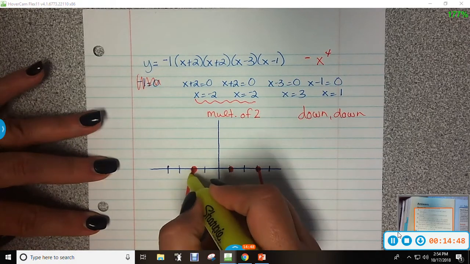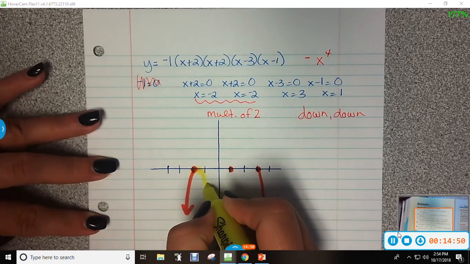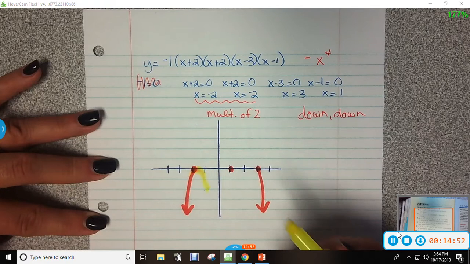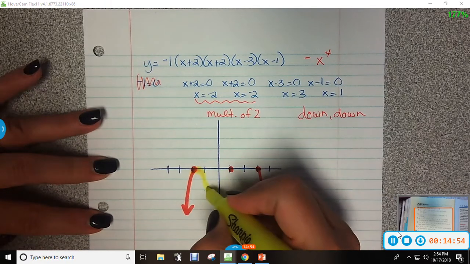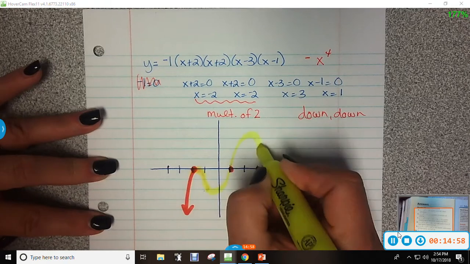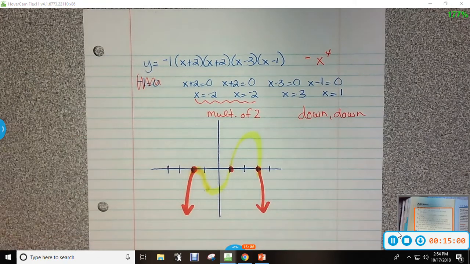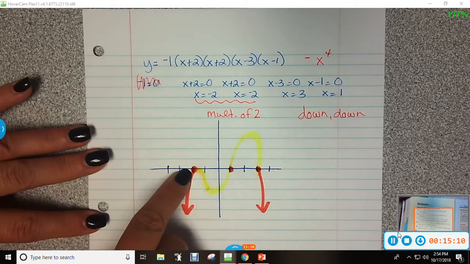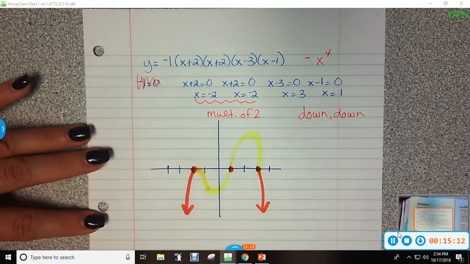But after it does that, then it's got to turn around somewhere so that I can go back through the 1. And then turn around again so I can go through the 3. Okay, and the height of the yellow parts, the highlighted parts, yours may be different, but everything in red should be the same. It should bounce off here. Okay, those are the things I'll be looking for.